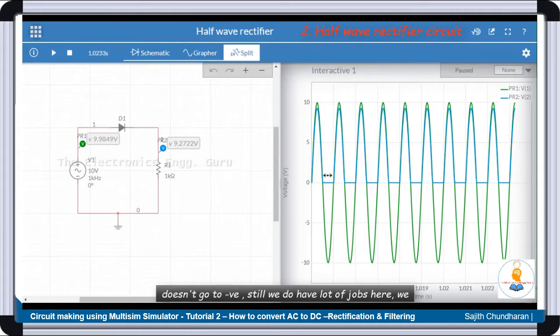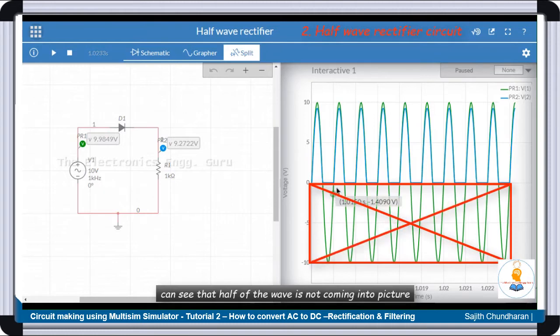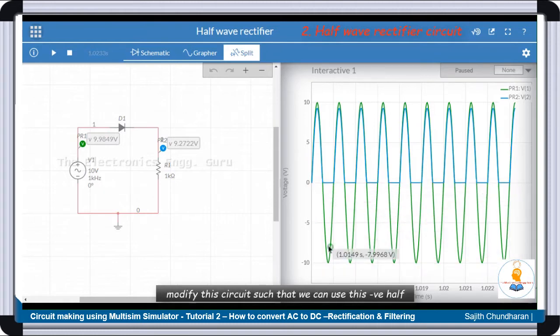Still, we do have a lot of problems here. We can see that half of the wave is not coming into picture and it is wasted at that particular point. So how can we modify this circuit such that we can use this negative half cycle which comes at the input, so that we can transfer it to output so that it will be effectively utilized? So that would be our next circuit.